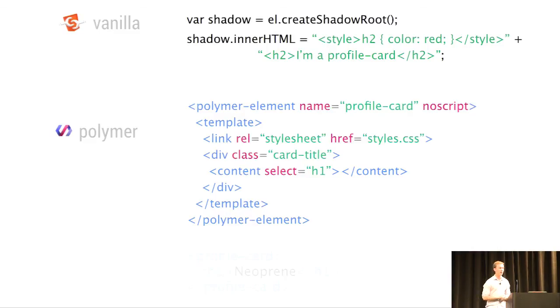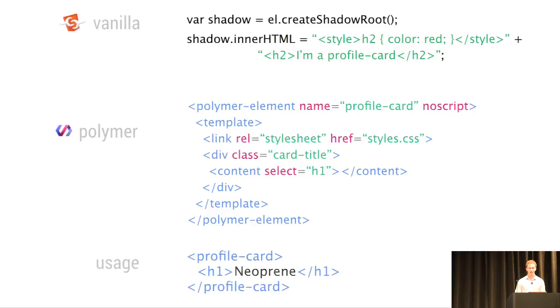And what's really cool about Shadow DOM is not only does it give you this scoping, but it also gives you composition. So within Shadow DOM, you can say there are these content elements. So I can say this is my insertion point. This is where I want all the children of my element used in the main document to actually be laid out within my element. So in this case, I've got a profile card, which is my element that I just created with Polymer, and I want to give it a title, a header.